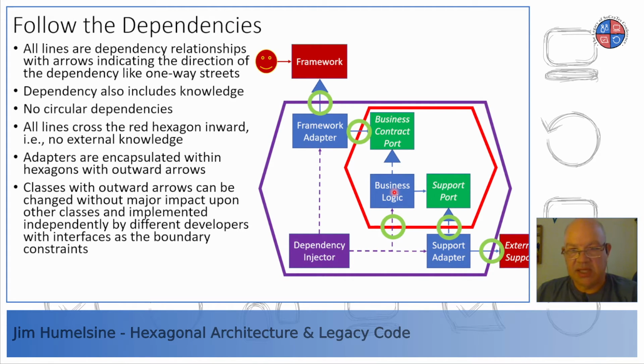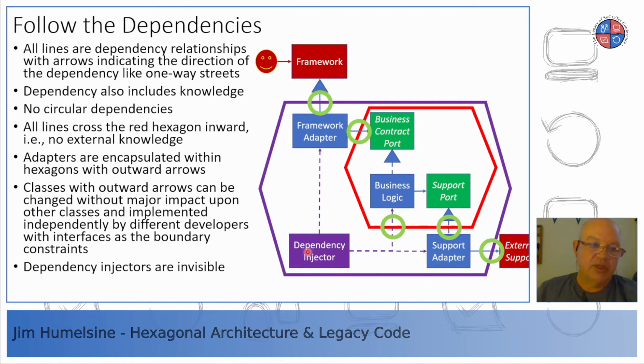They may be the same team members, it may be the same person, but they can work independently and not bump into each other or step on each other's feet because of the way these arrows point the dependencies. And you can see that because within an interface, nothing ever points outward. So nothing will bleed from one side to the other. The only time you would run into issues is if somebody has to change the interface, then both sides would be impacted by that.